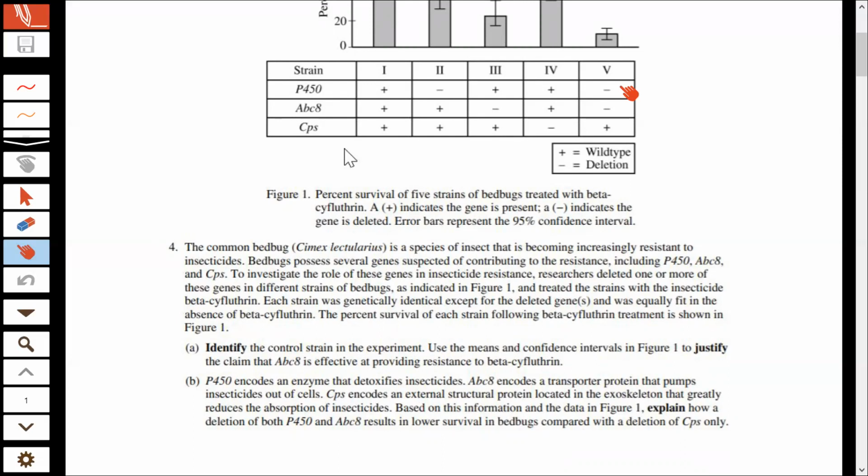Which results in a lower chance of bed bug survival, right? So even if there's a little bit, right, in group 5, even though a little bit less might get into the bed bug because the absorption is lower, it can't pump it out, right?